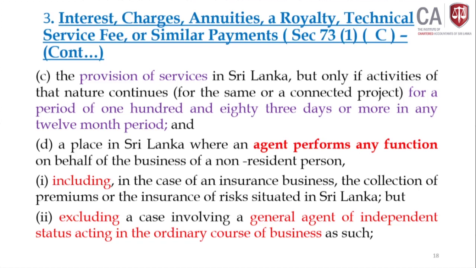Therefore, any income derived by that non-resident person through this independent agent is not considered as an SLPE, and shall not be considered as a source of payment. Clear? I will come to this again with section 73.